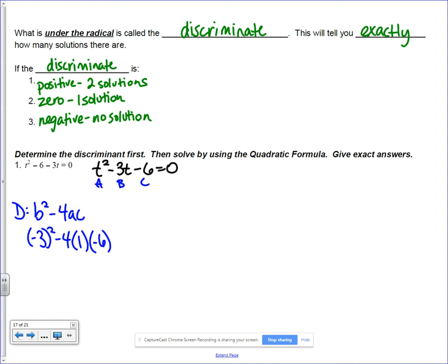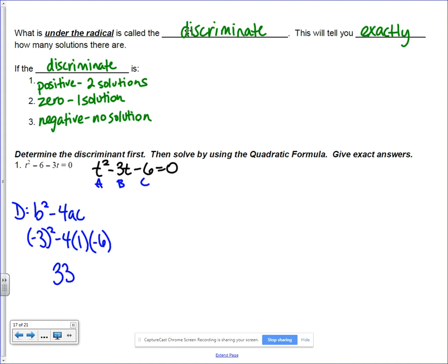Making sure that you're squaring that negative 3 and putting it in parentheses gives you 33. How's everybody doing? Is 33 a perfect square? No. So we would be expecting big long decimals, right? But am I asking you to give me big long decimals? No. So we are just going to be leaving the square root in there.